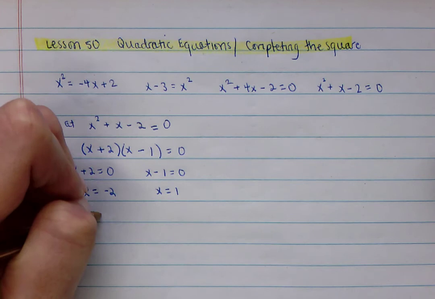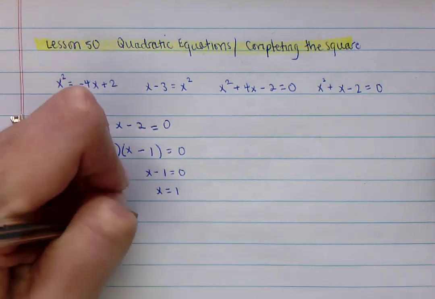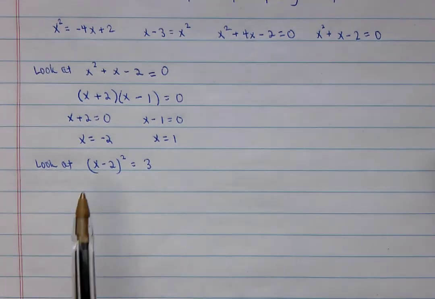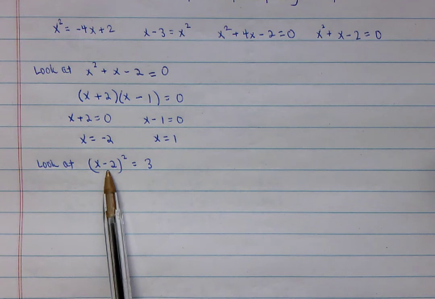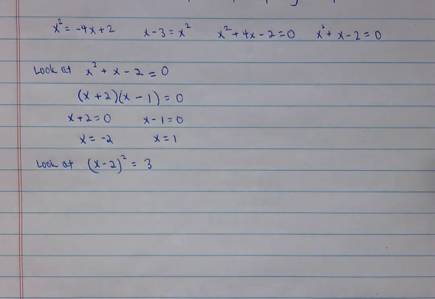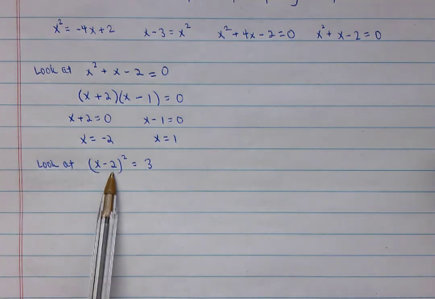So this one's in a little bit of a different form, and recall you also learned how to solve these on a previous lesson. So here, we wouldn't really want to multiply this back out. We could, but it might be kind of a pain to multiply it back out and then try to factor it.